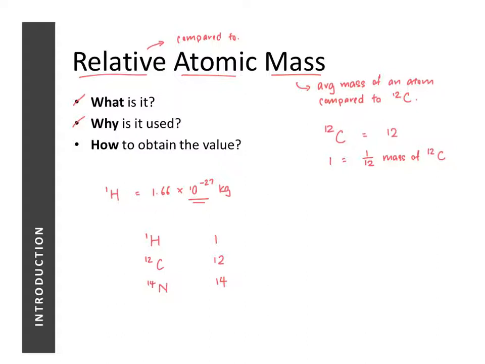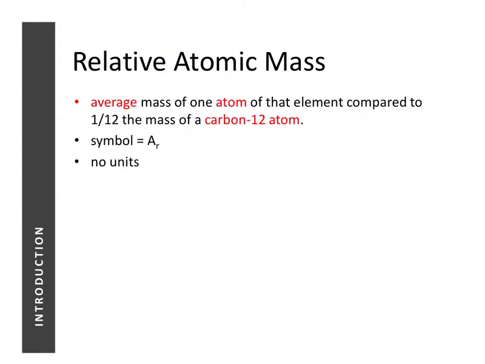In simple terms, we are using relative atomic masses because it is very convenient. As mentioned, the relative atomic mass is the average mass of one atom of that element compared to 1/12 the mass of a carbon-12 atom.